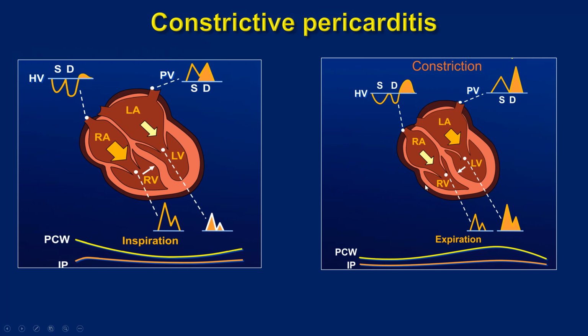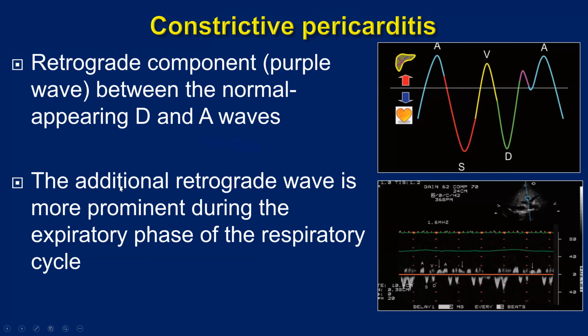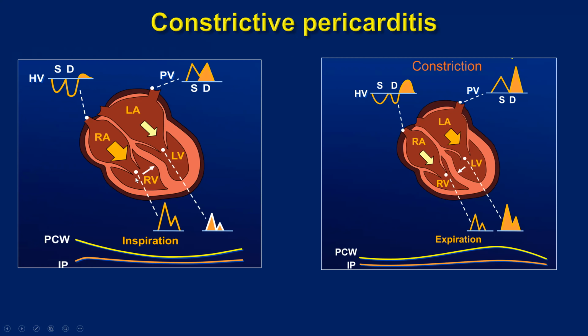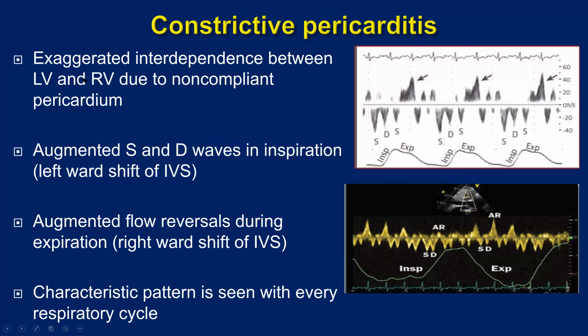So the cardinal sign of constriction in the hepatic vein is increased forward flow during inspiration and reversal flow during expiration. And this is the explanation. So we have exaggerated interdependence between LV and RV due to non-compliant pericardium, with augmented S and D waves in inspiration.